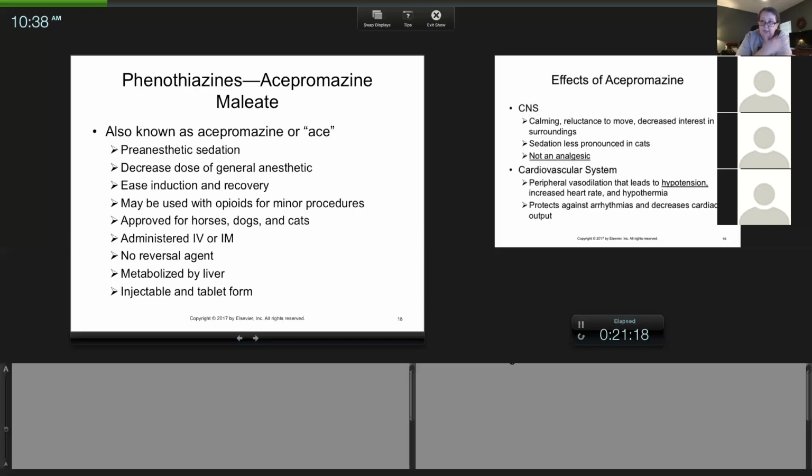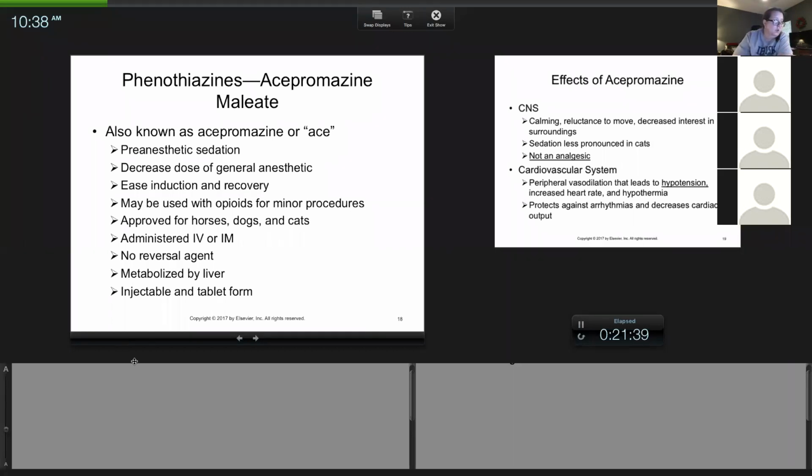Because I was filling acepromazine so much the week before the 4th of July. I'm like, oh my gosh, another prescription to fill. So acepromazine is used a lot outside of anesthesia to calm the patient at home for anxiety.